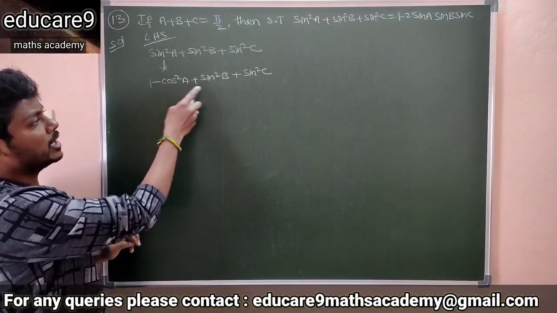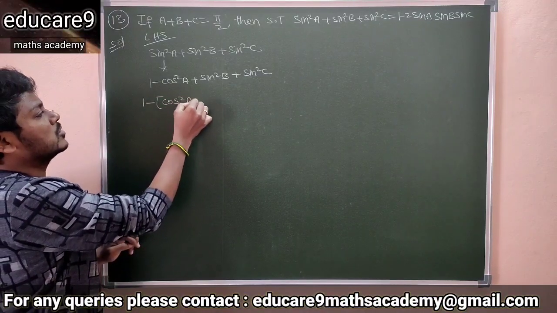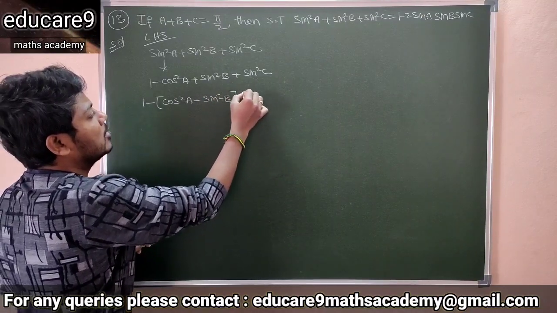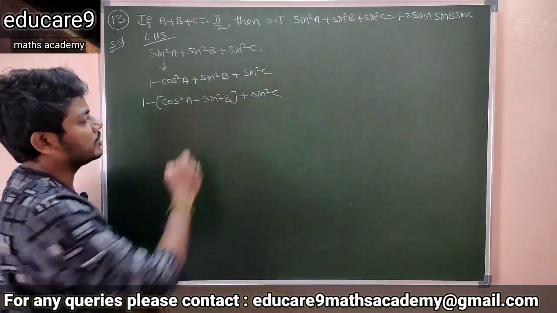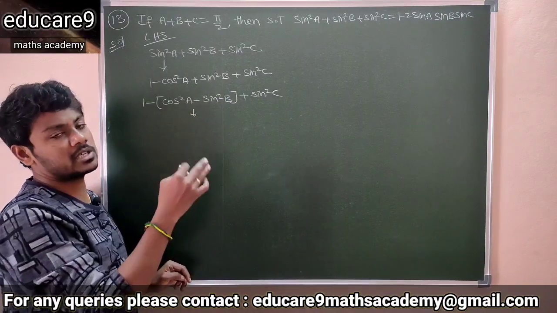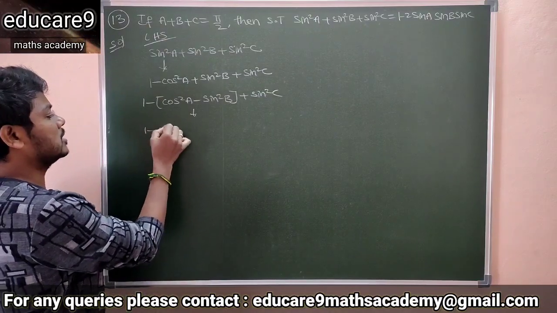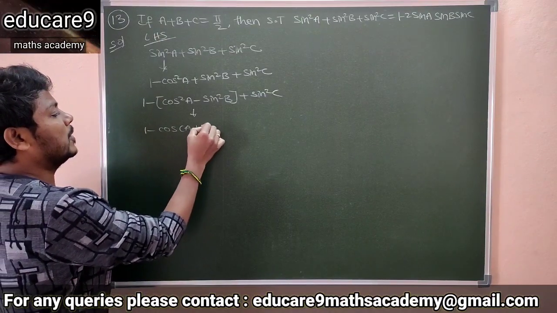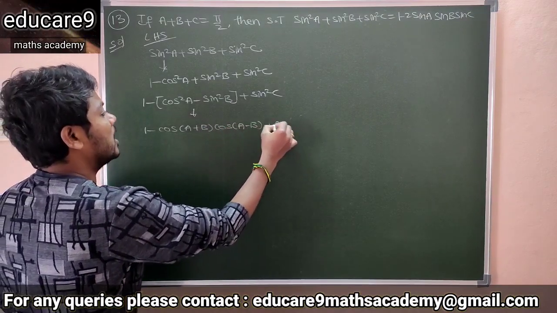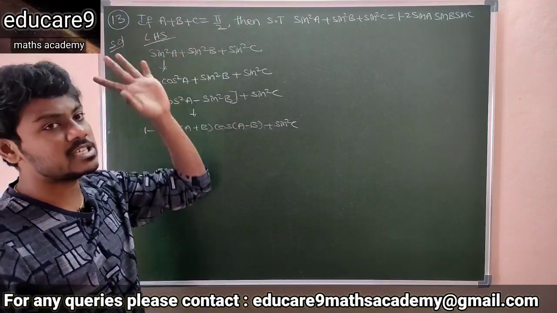Now in both terms minus is common: 1 minus of (cos square a minus sin square b) plus sin square c. You know that cos square a minus sin square b is the form cos of (a plus b) into cos of (a minus b). So this is 1 minus cos of (a plus b) into cos of (a minus b) plus sin square c.